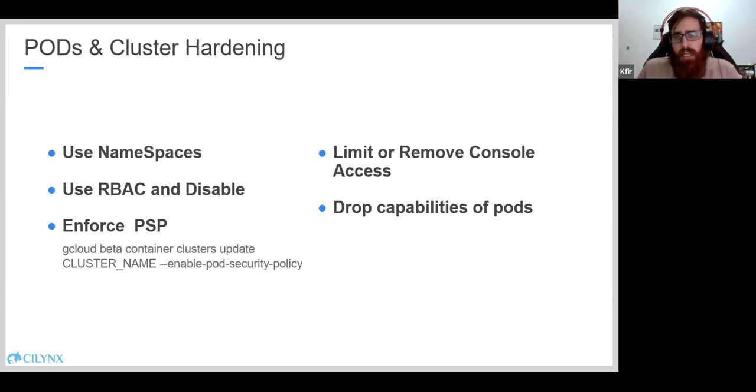You need to use namespaces, use RBAC and disable the previous one. Now I forgot its name. Sorry. PSP is extremely important. The pod security policy actually can prevent any step of the way I just did.